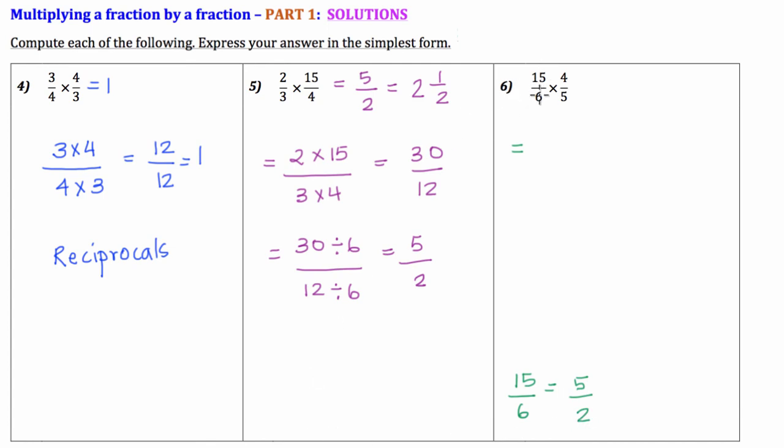And so now instead of 15/6, I'm going to write 5/2 times 4/5. And now let's multiply the numerators. 5 times 4 over 2 times 5. And that is equal to 20 over 10. And that is equal to 2 wholes.